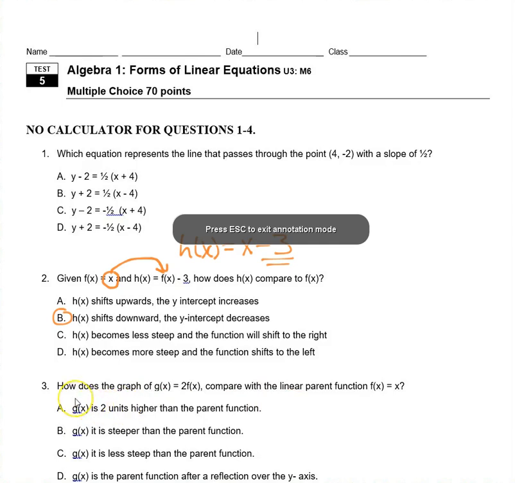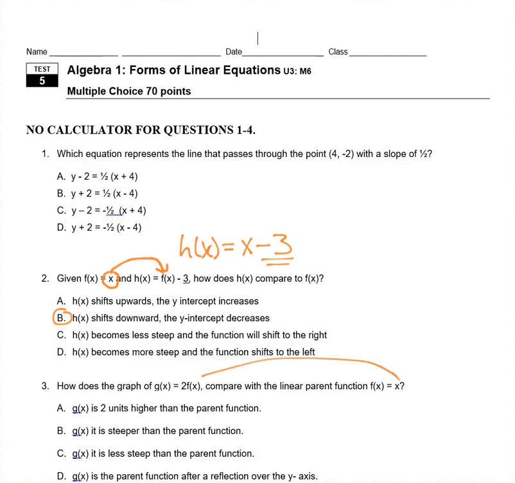Question 3, how does the graph of g of x equal to 2 times f of x compare with the linear parent function f of x equals x? So again, by the substitution of x in for f of x, since that's what f of x is equal to, then g of x is the equation y equals 2x.